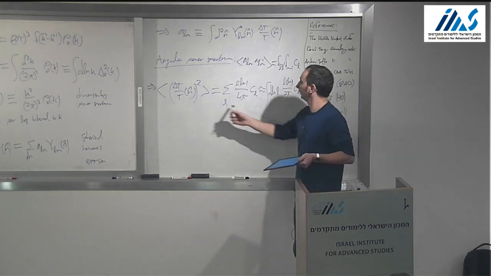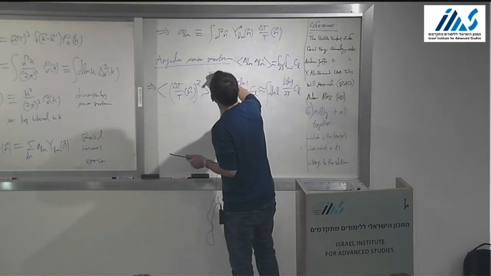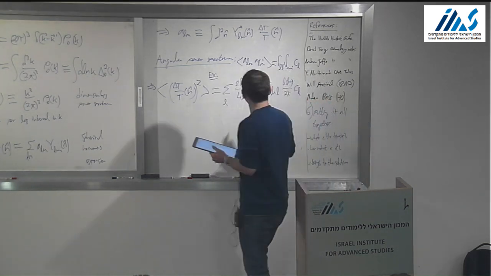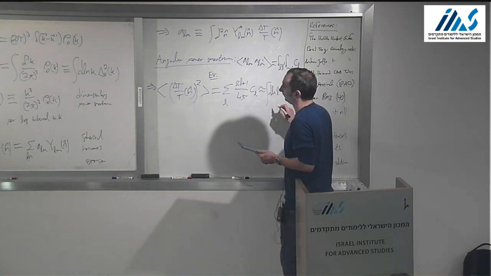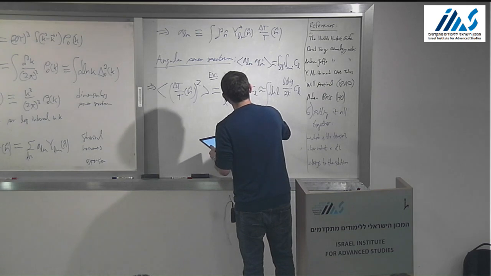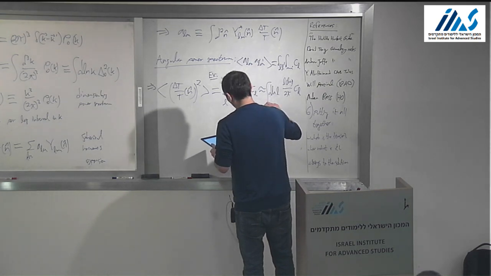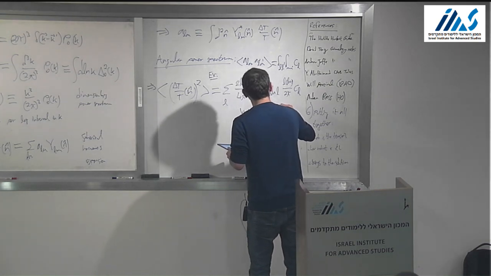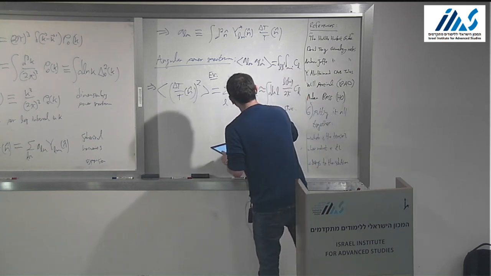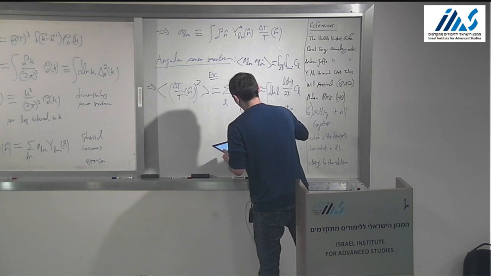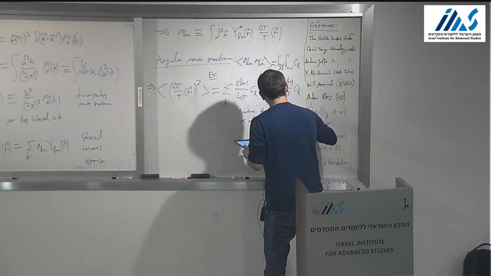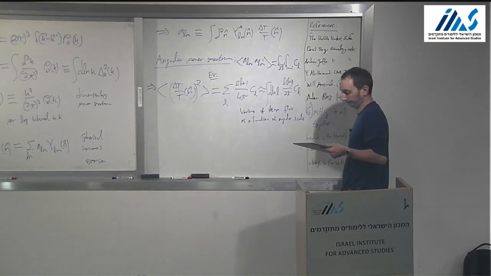So I'm going to leave this for you as an exercise to verify. This is trivial. And we can see here that in analogy to this, this is the variance of the temperature fluctuations as a function of angular scale. Okay.